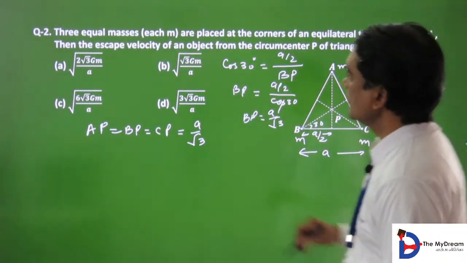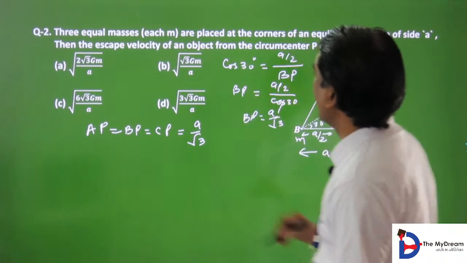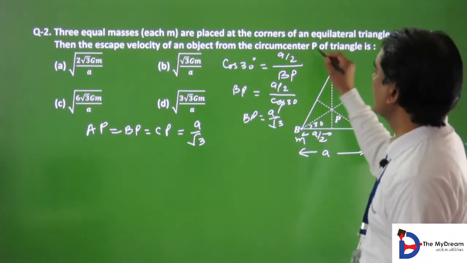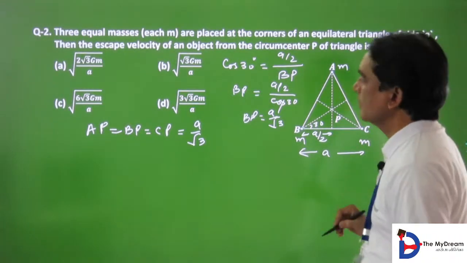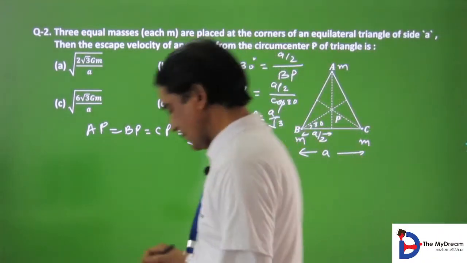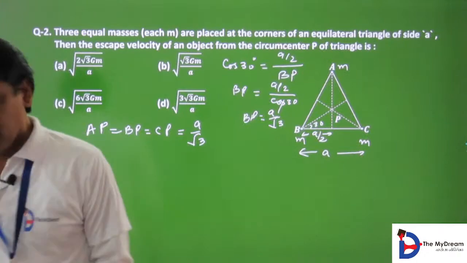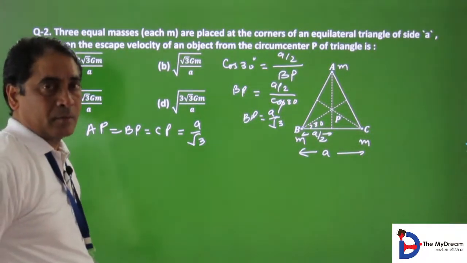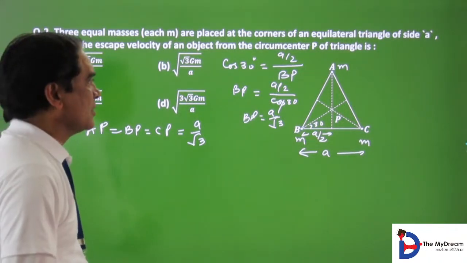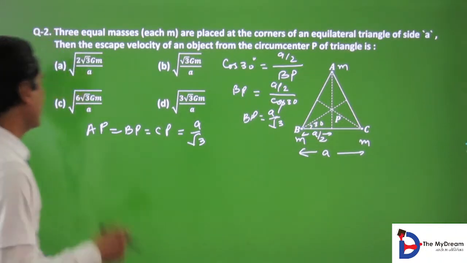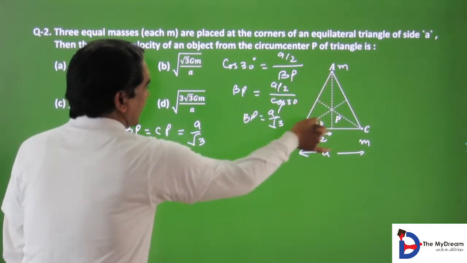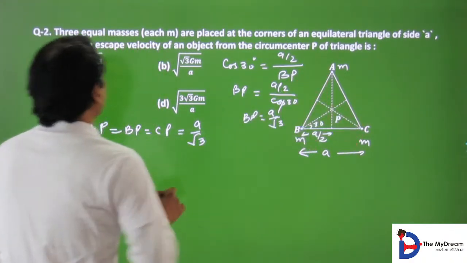Now, the escape velocity of an object from the circumcenter P. By using the work energy theorem, or you can say the conservation of energy, it can be written down.